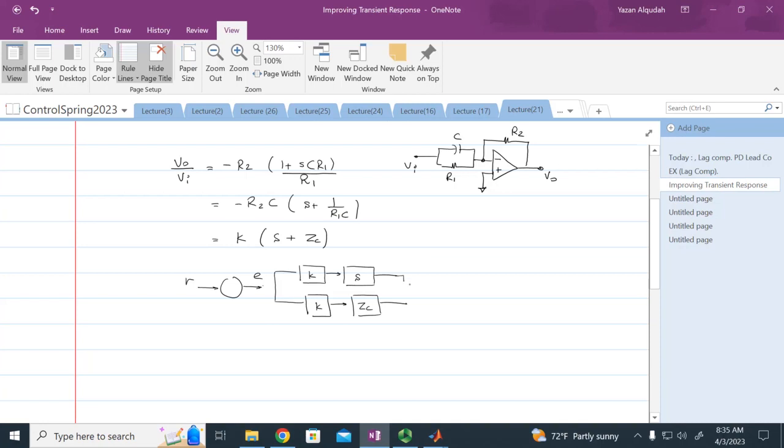And then we're going to add these together. This is going to be K multiplied by S plus K multiplied by ZC multiplied by the error signal. Then we're going to take it and apply it to our plant, and we're going to take the output and feed it back.